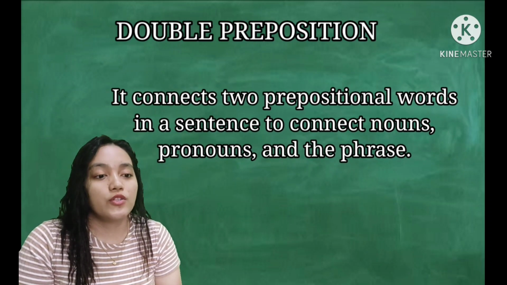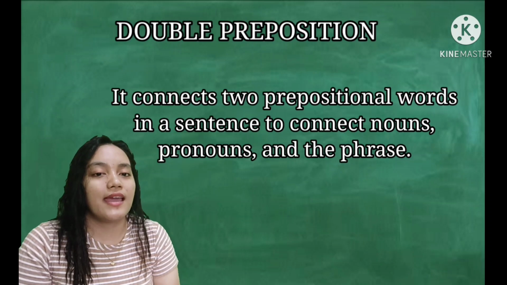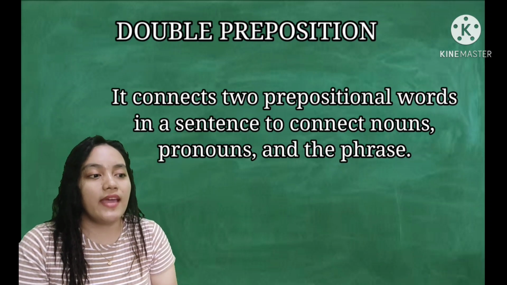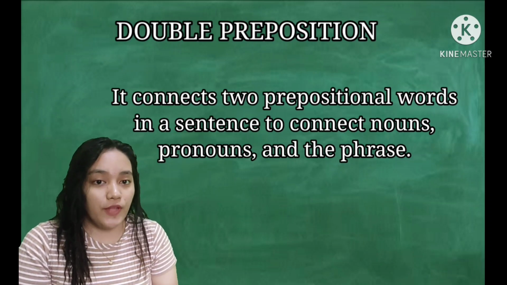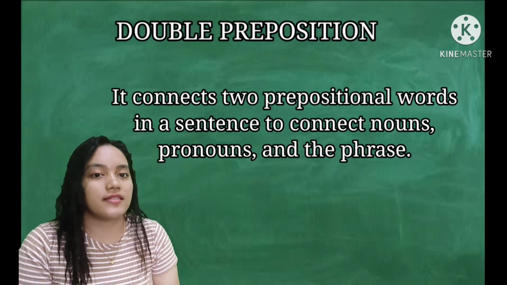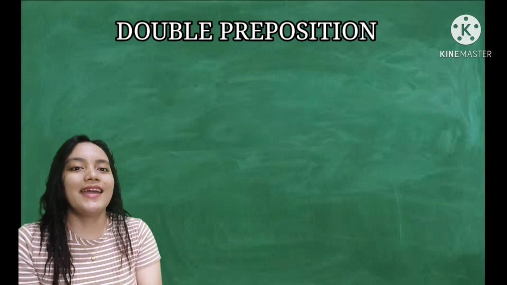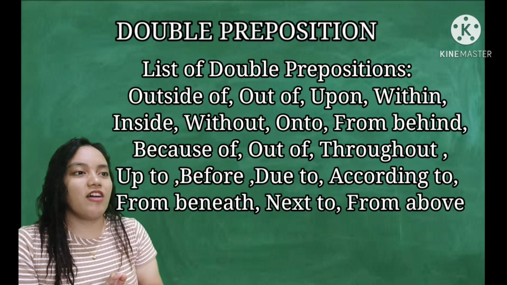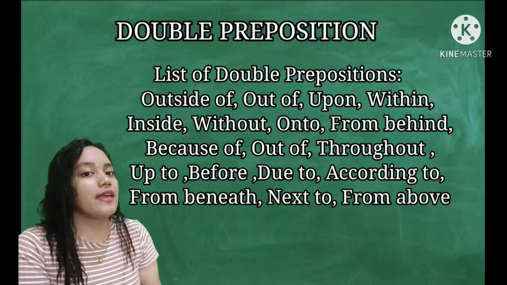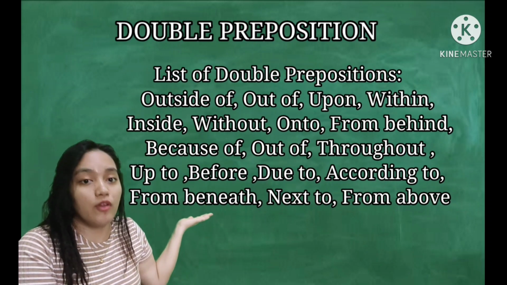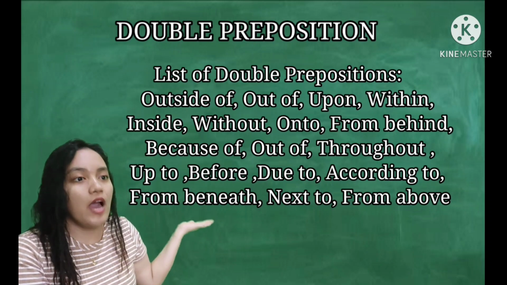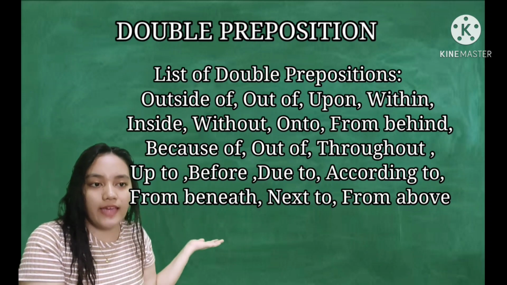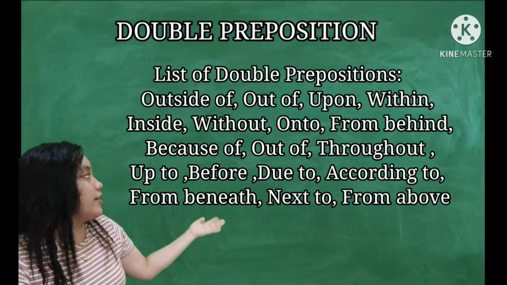It connects two prepositional words in a sentence to connect nouns, pronouns, and the phrase. These are the list of double prepositions: inside of, out of, within, without, outside, and others.